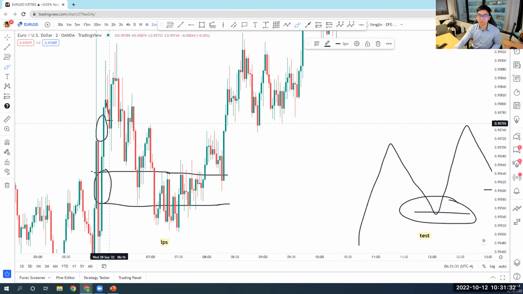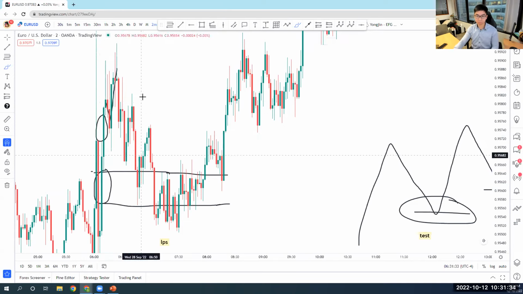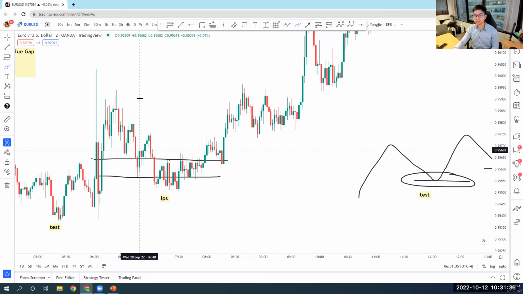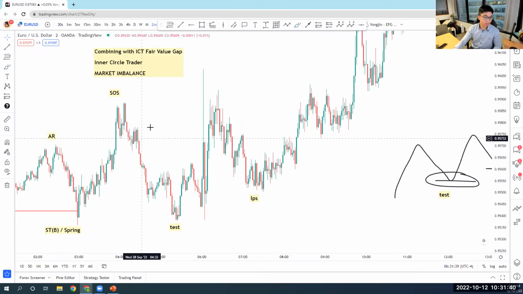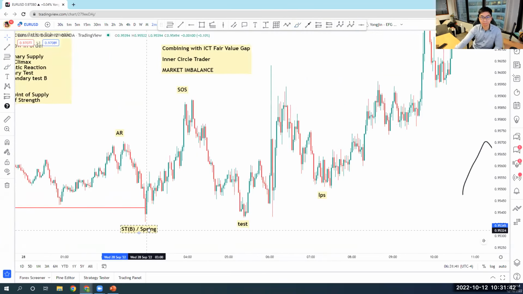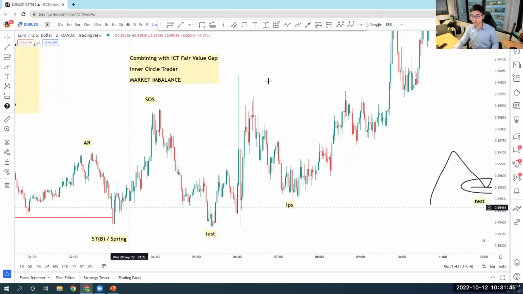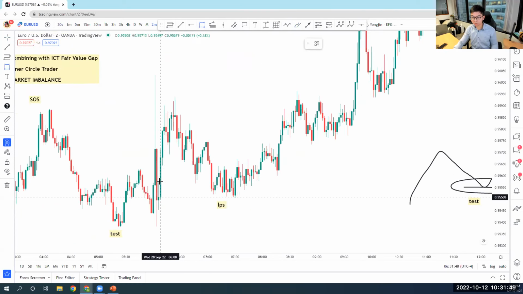This one was a market imbalance. You can see price came down to fill it before it went back up. So let me draw it out nicely. Price always, if not most of the time, comes down to clear the market imbalance. So I'll use a box, draw it out.